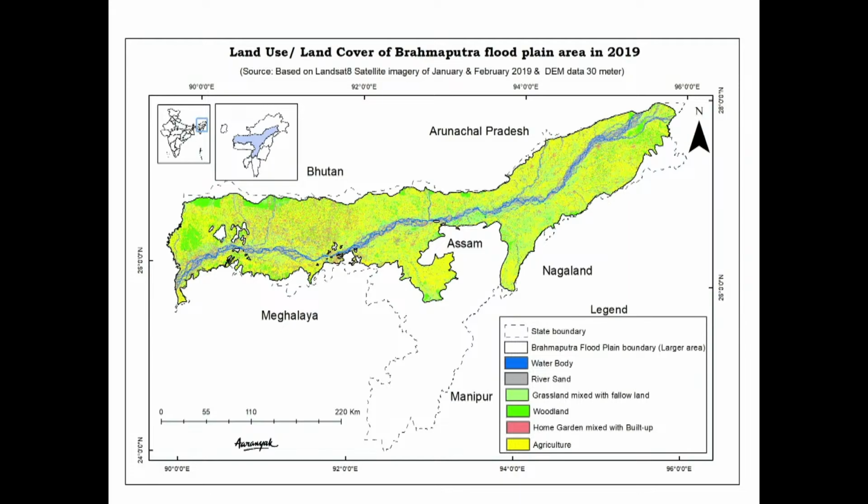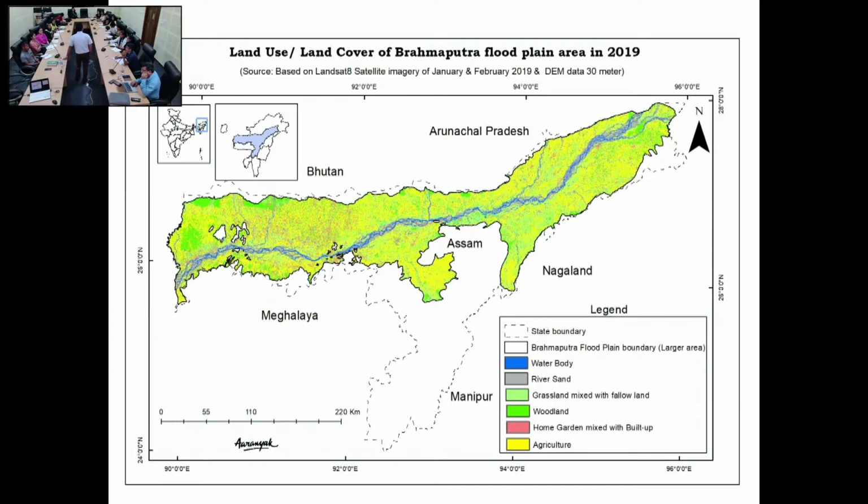LULC, in general we use the term LULC. Land use, land cover क्या है? Okay. The natural coverage, and one is the modification.